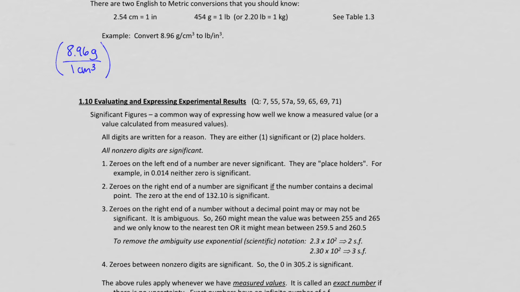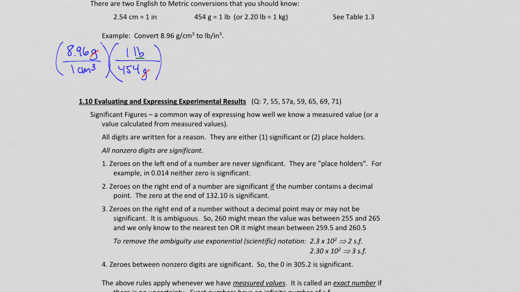I'm just going to go grams to pounds first, because it can go a little bit faster. It's only one step. So 454 grams in 1 pound. So grams cancel. We're left with pounds in the numerator. Cool, that's what we wanted.